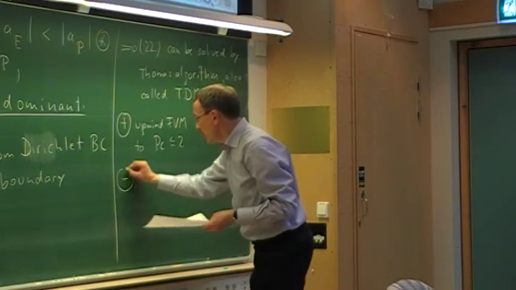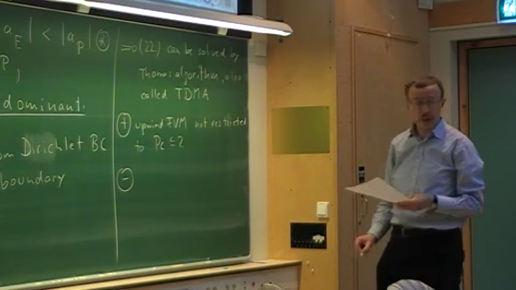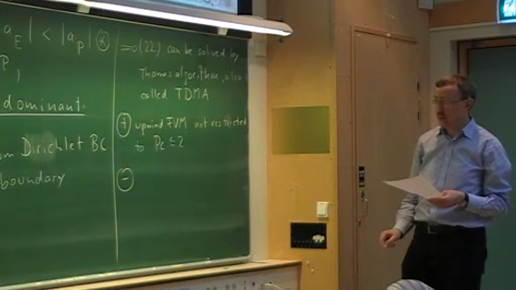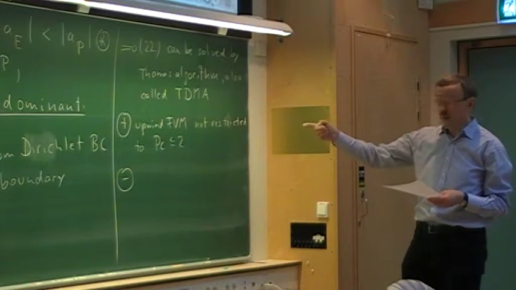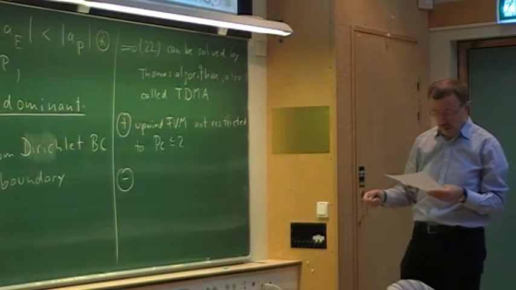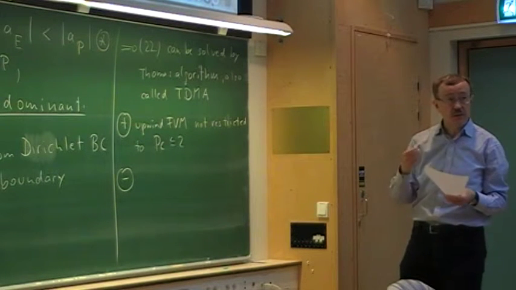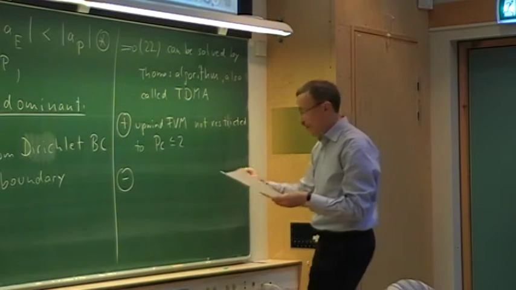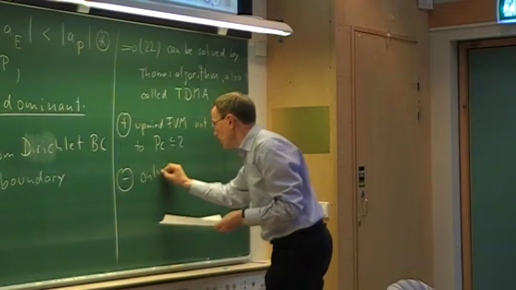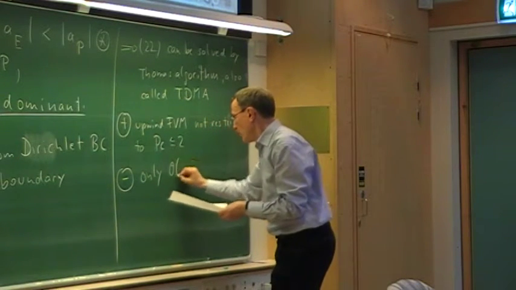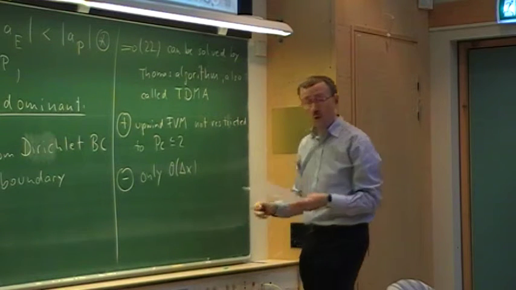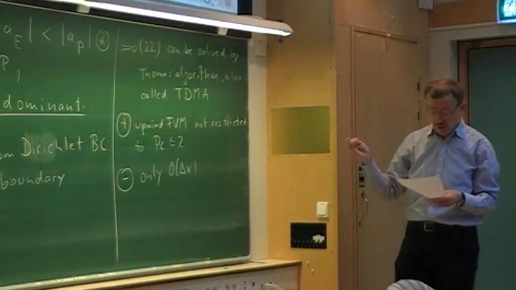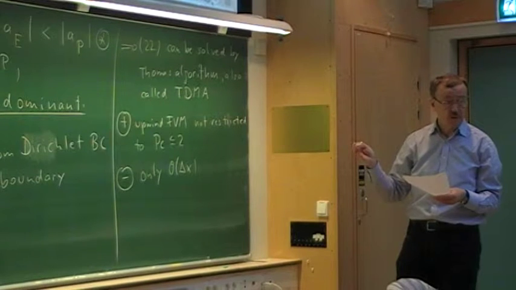However, the disadvantage with this method, if you apply it and you compare it with the central method, when the cell Peclet number is smaller than 2, is that the results are worse. Because the method for the convection is only of order delta x. It is still of order delta x square for the diffusive part.